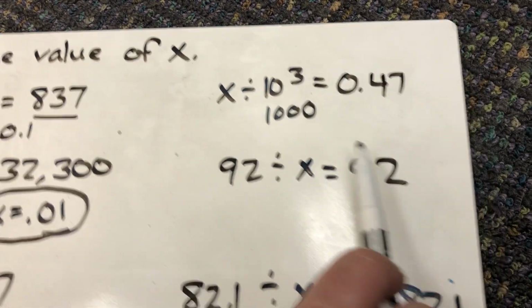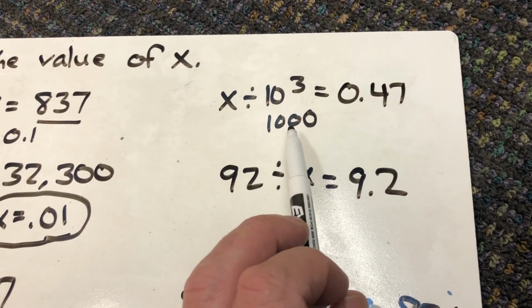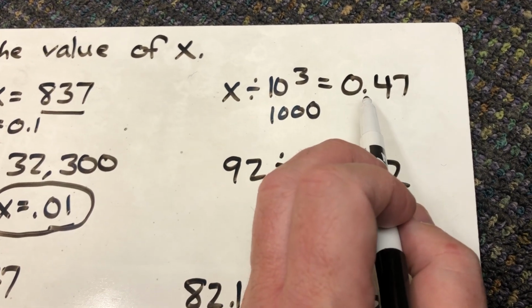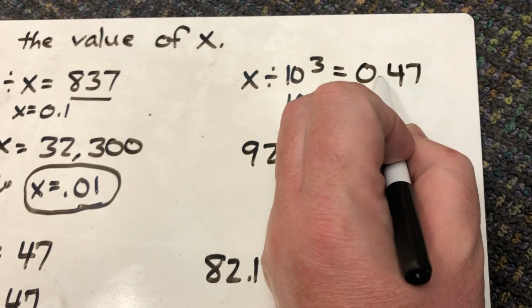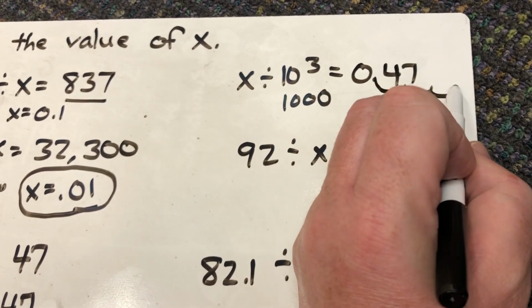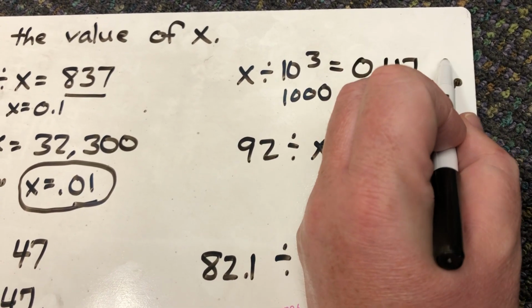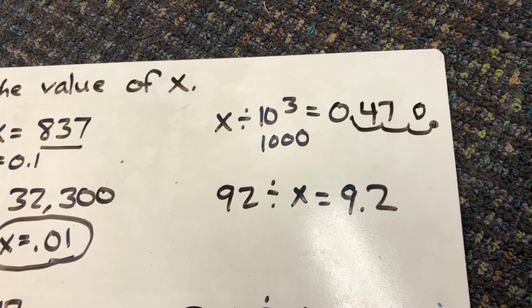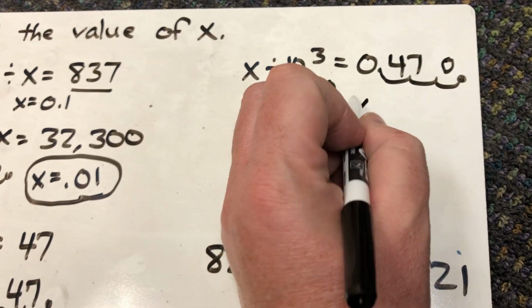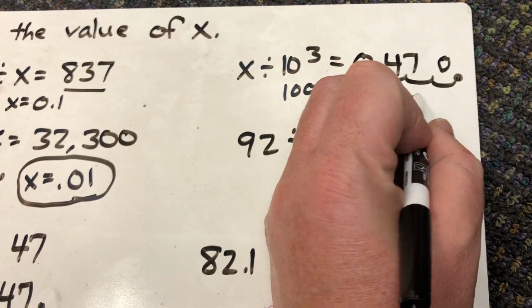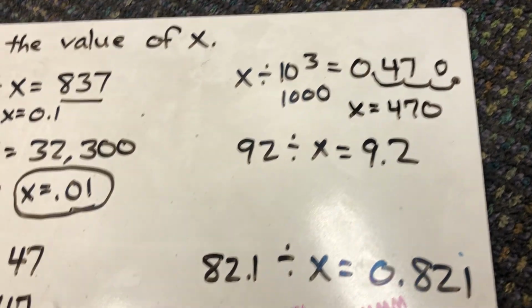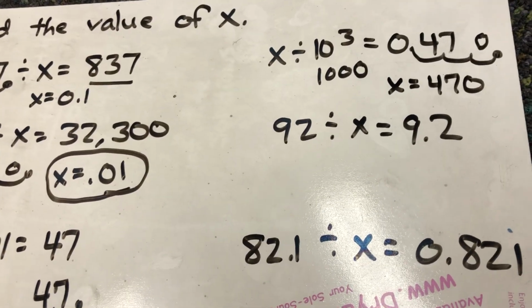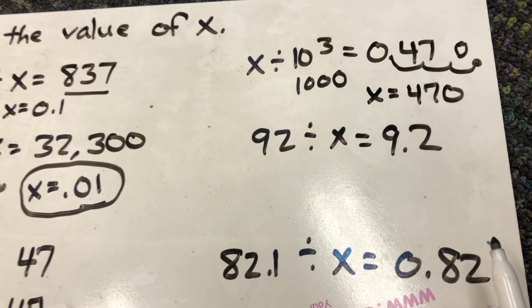So if I move the decimal 3 places to the left, because this is bigger than 1, and I ended up here, I'm going to be backtracking by going right and moving it 3 places. Well, I've got one empty spot there, and that means that it's 470. So that tells me that x equals 470.